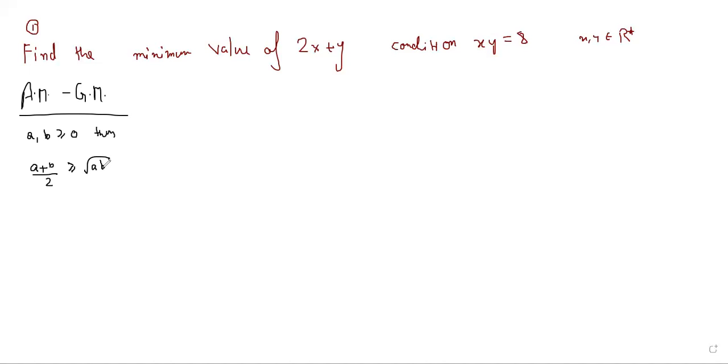So this is the basic version with 2 variables. And when does equality hold? Like, when does this thing become equal?